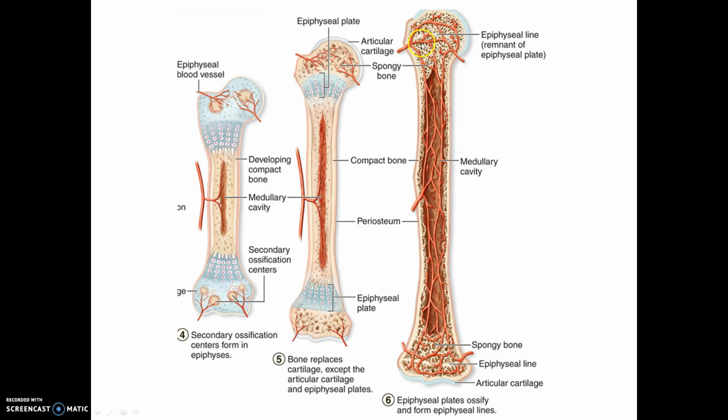And then into adulthood, once the growth has completed, the ossification, which is proceeding from this area up through the cartilage or from this area down through this cartilage, once it reaches that growing front, it will completely ossify the whole plate and become this epiphyseal line in adulthood once the growth is finished.